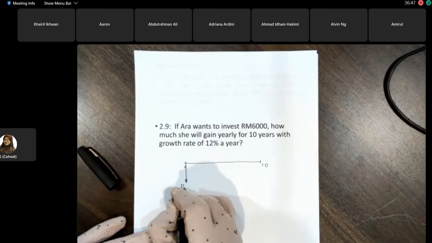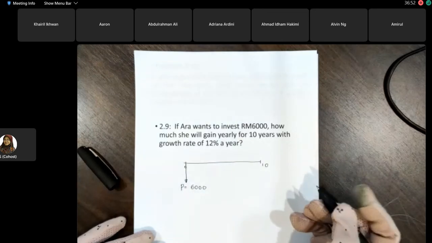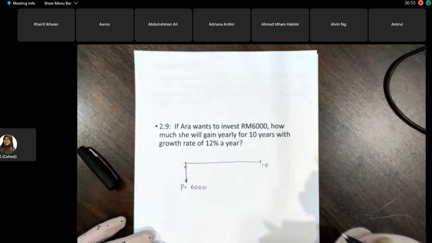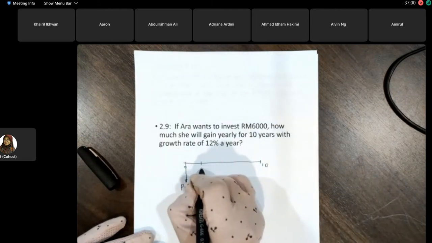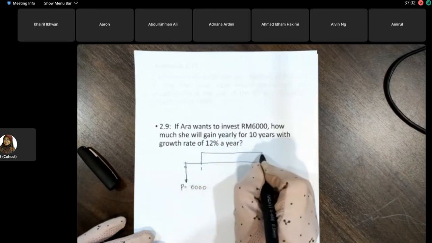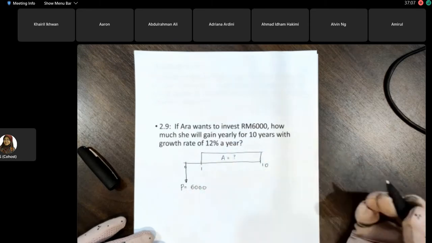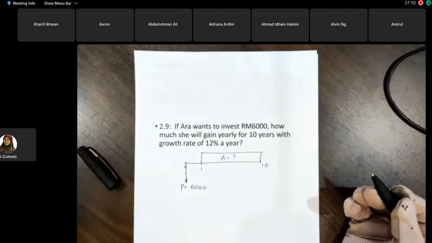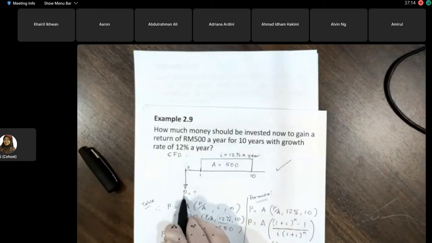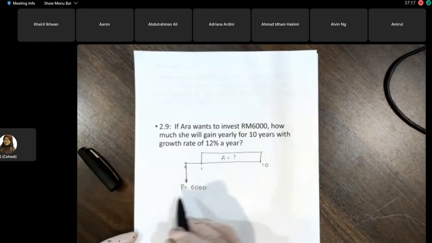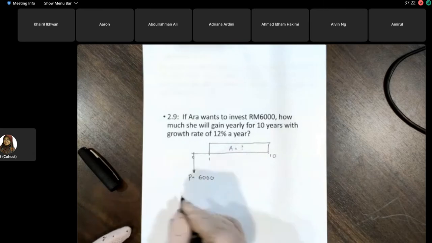How much will she gain yearly, annually for 10 years with growth rate 12% a year? So that means you want to find out A. Previously you wanted to find P, but this time P is given. You want to find A.